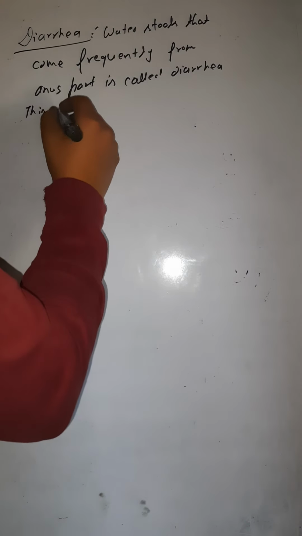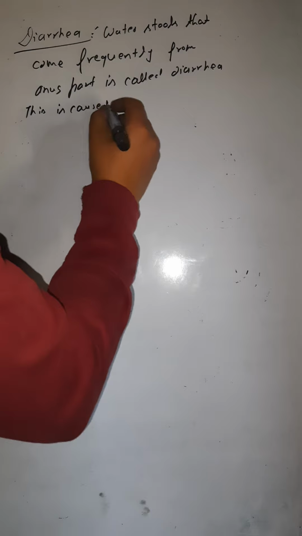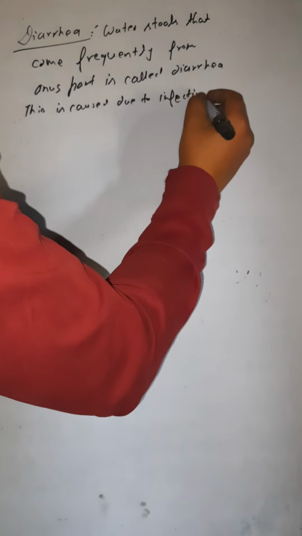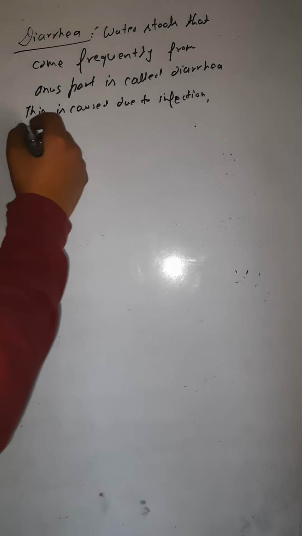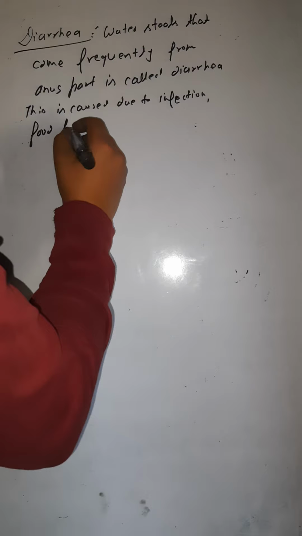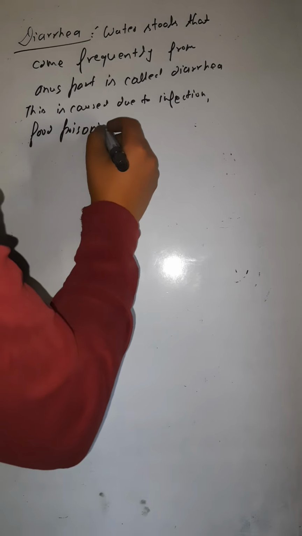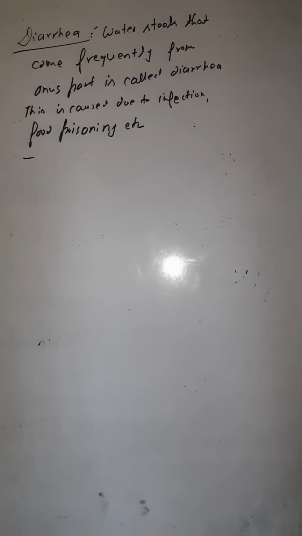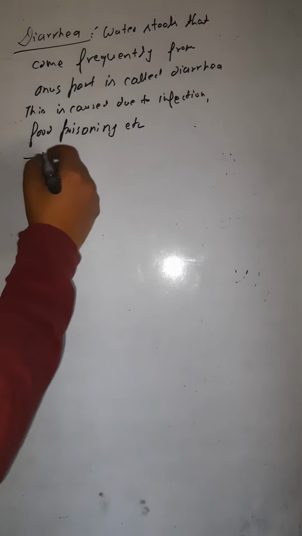And this is caused by what? This is caused due to infection, or it can be caused by food poisoning, etc. So this is the cause of diarrhea. So how do you prevent yourself from diarrhea? By taking ORS.